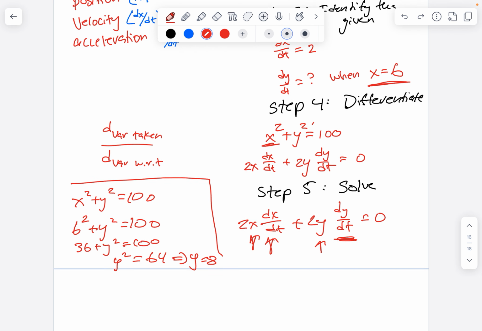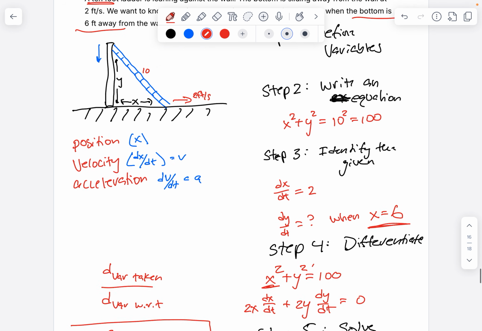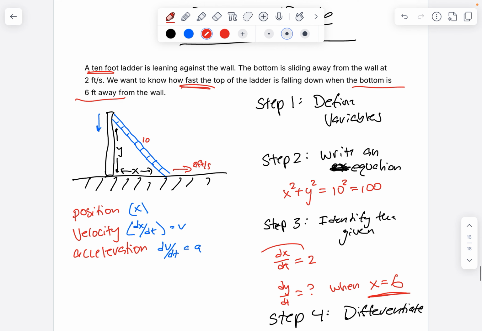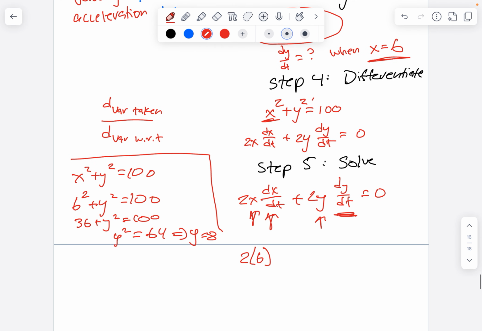So let's plug everything in. We have 2 times 6 times dx/dt, which we know is 2, so times 2, plus 2, we just found y to be 8, times dy/dt, all of that is equal to 0.